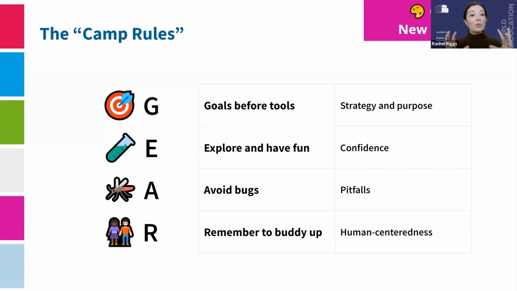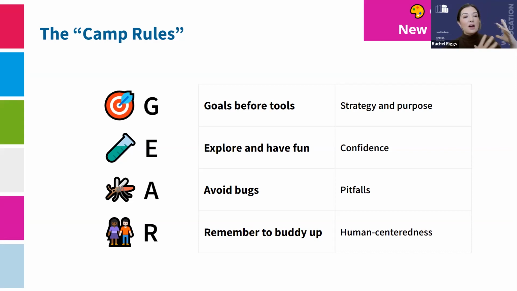So we had these camp rules: goals before tools, which basically teaches instructors to set out the strategy and purpose for using technology before integrating it into what they're doing; explore and have fun, because we want teachers to have the confidence to experiment and not worry about messing up; and avoid bugs, because we want them to be aware about the pitfalls of generative AI technologies. And finally, remember to buddy up.